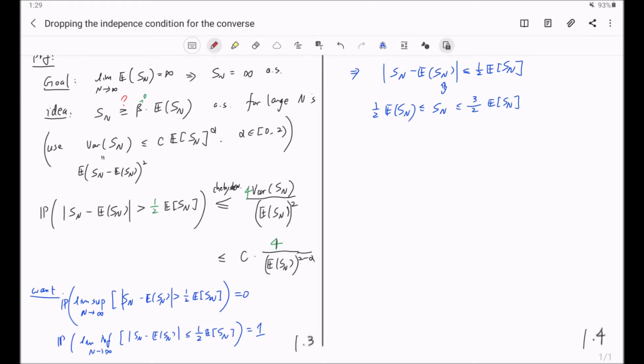And in particular, you get this part true almost surely, and eventually, almost surely, as n goes to infinity. That is a good thing about this idea.